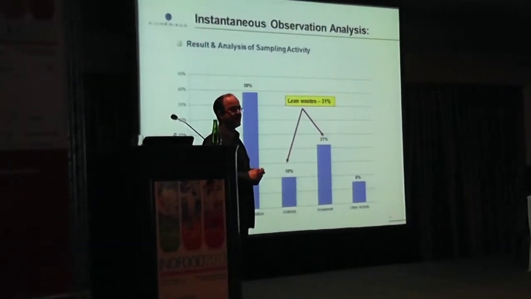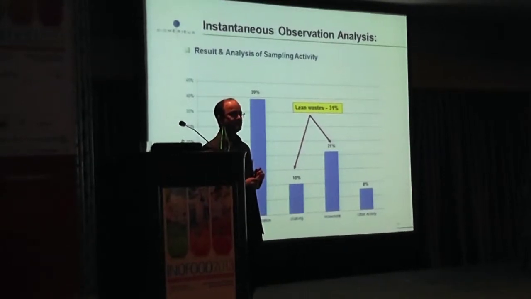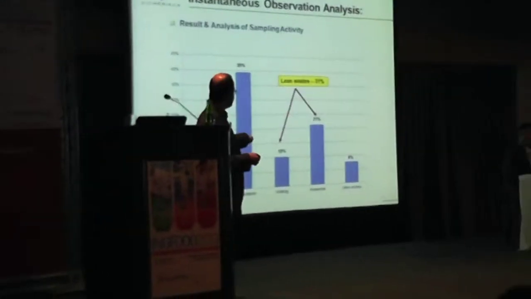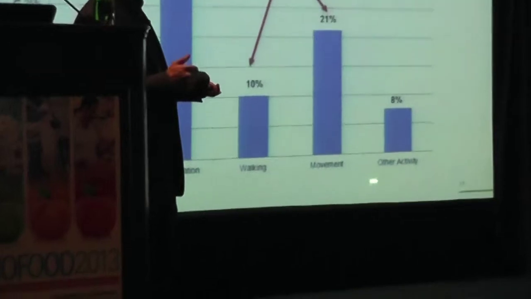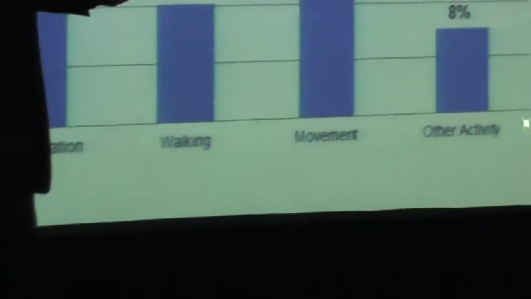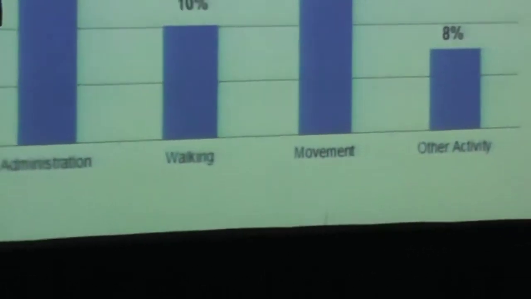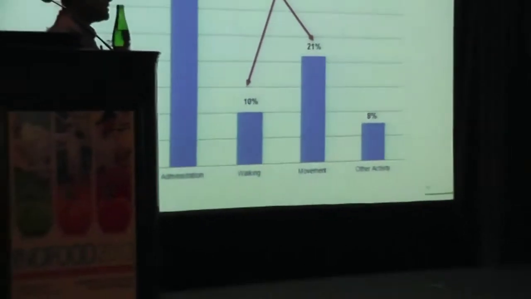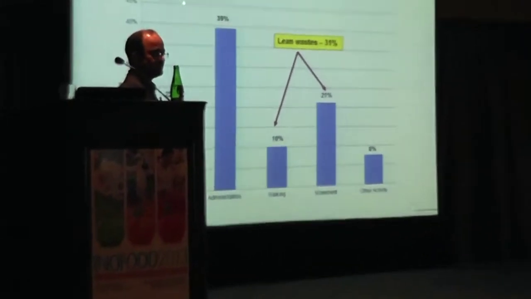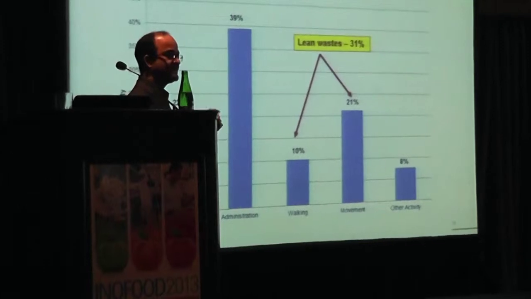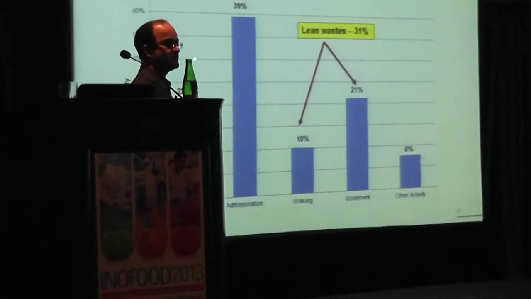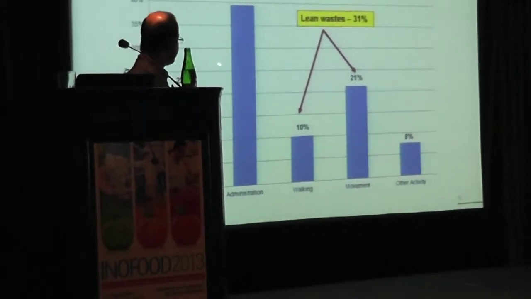Once that is identified, we provide you with solutions on how you can minimize this walking and this movement. What about the other activities that are happening? Ideally, the technical activities should be happening the most, and that's where we should target. That's where we come in and help you out. We figure out the major issues.